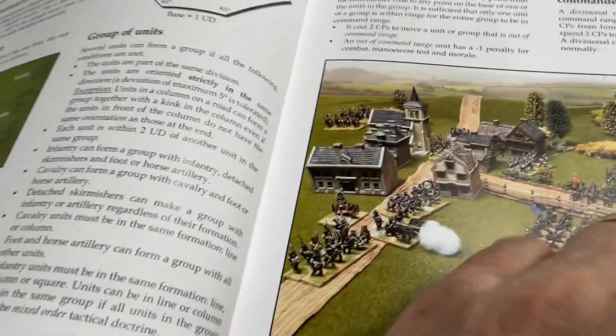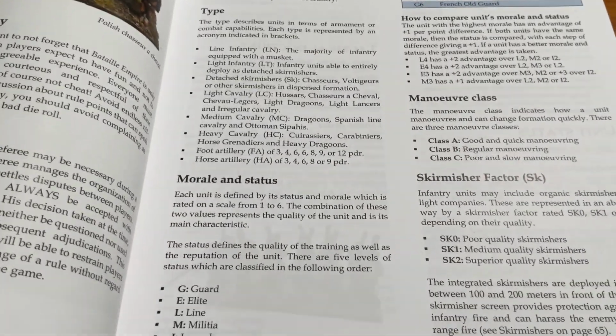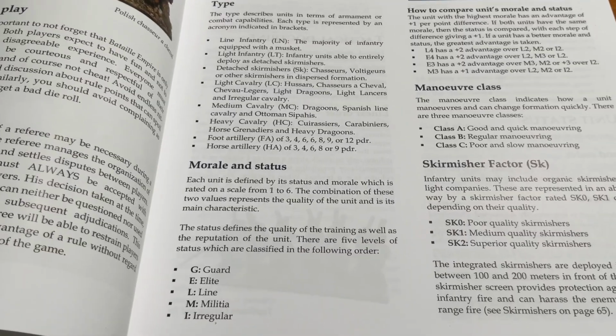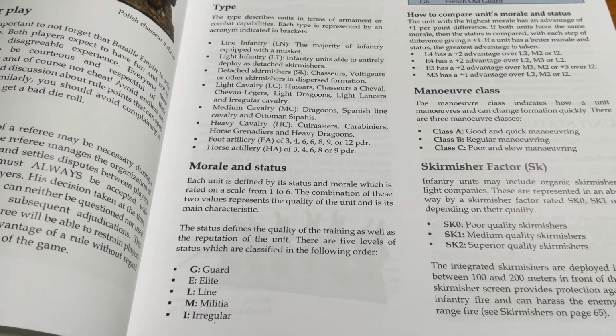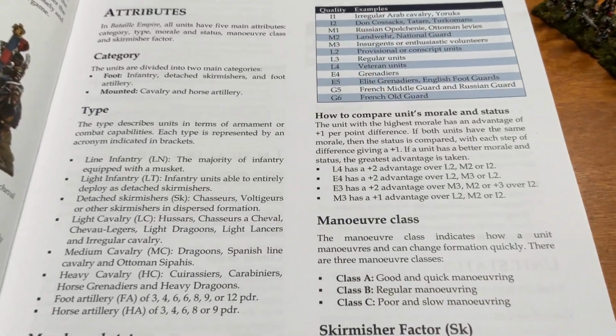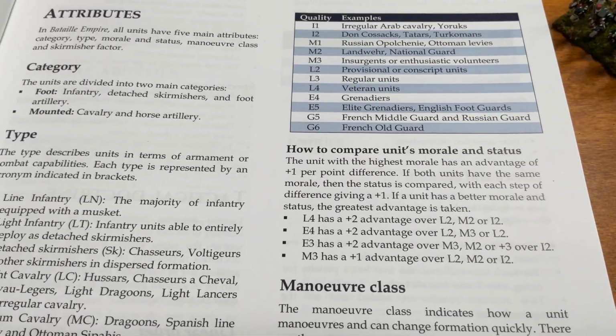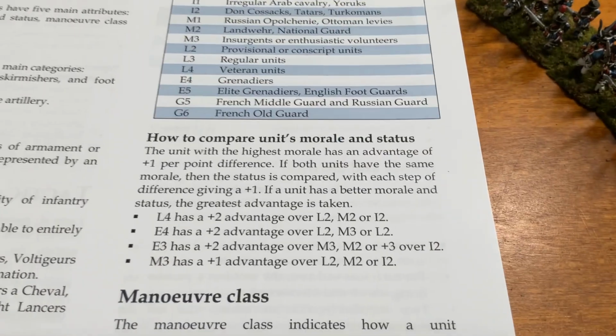Now, let's talk about the attributes of a unit. We have morale and status. The status is guard, elite, line, militia, and irregular. The morale is a number from 1 to 6. And how do you compare?